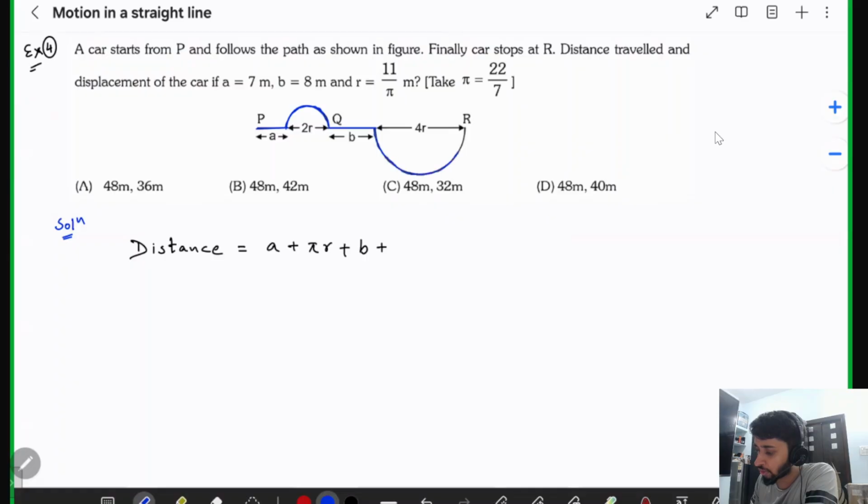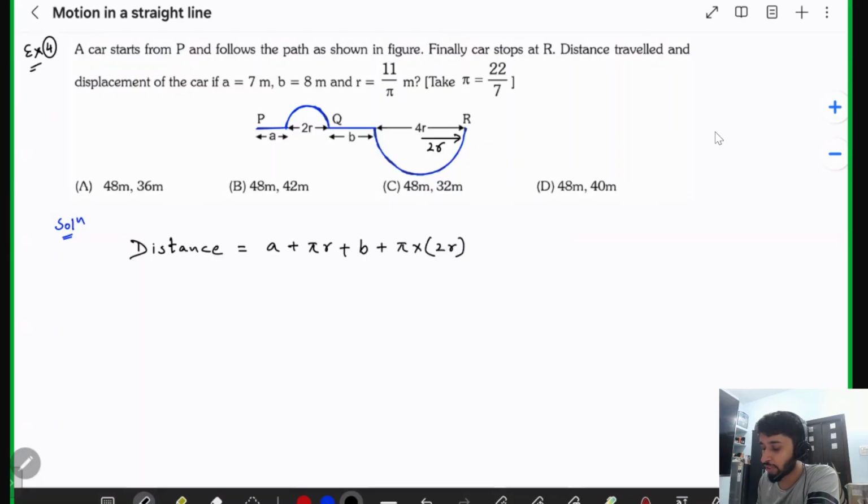This is again a semicircle, pi into r, but here the radius is 2r, because the 4r is the diameter, right? So radius will be just 2r. Fine. If you have any doubts, you can put it in the comments anyhow. So pi into 2r, right?